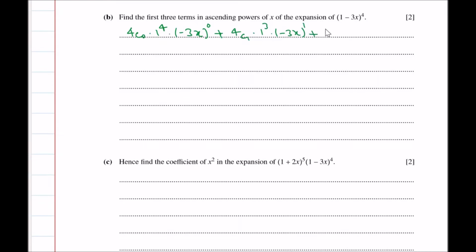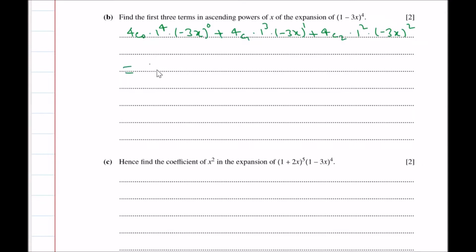Plus 4C2, 1 to the power 2 into (minus 3x) to the power 2. Okay. Now we'll simplify this.